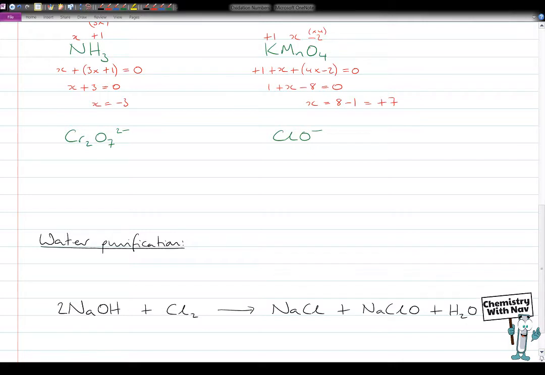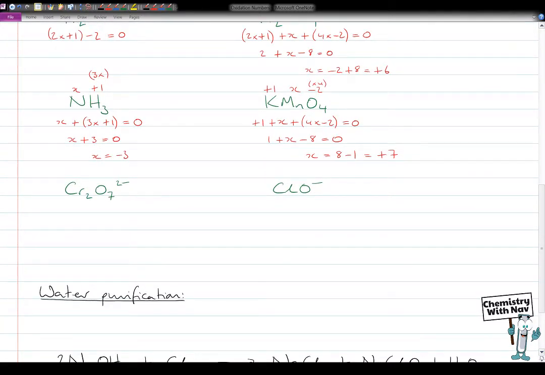And you'll notice with these last 2, we have charges. So now this is going to change a little bit how we lay out the equation. So the oxygen is still -2, and there's 7 of them. But the chromium here is X, and there's 2 of them. And now when I do this sum, I've got 2 times X plus 7 times minus 2. That has to come to the minus 2 charge there.